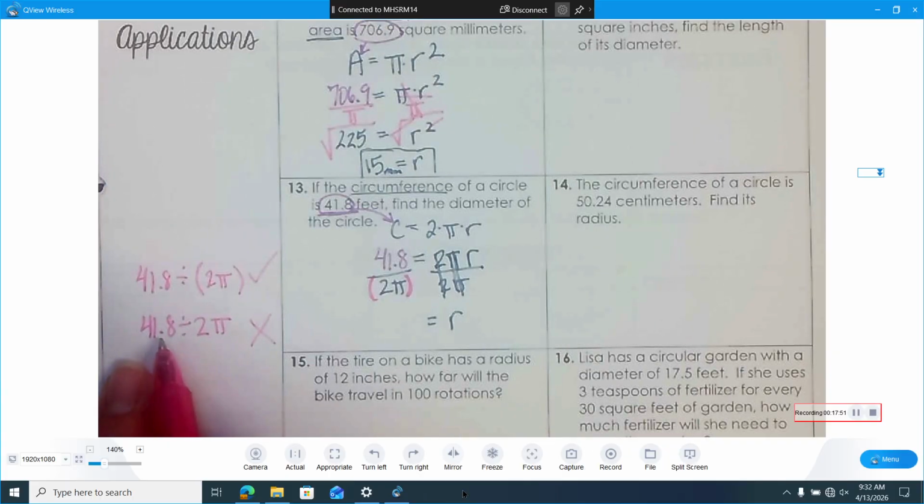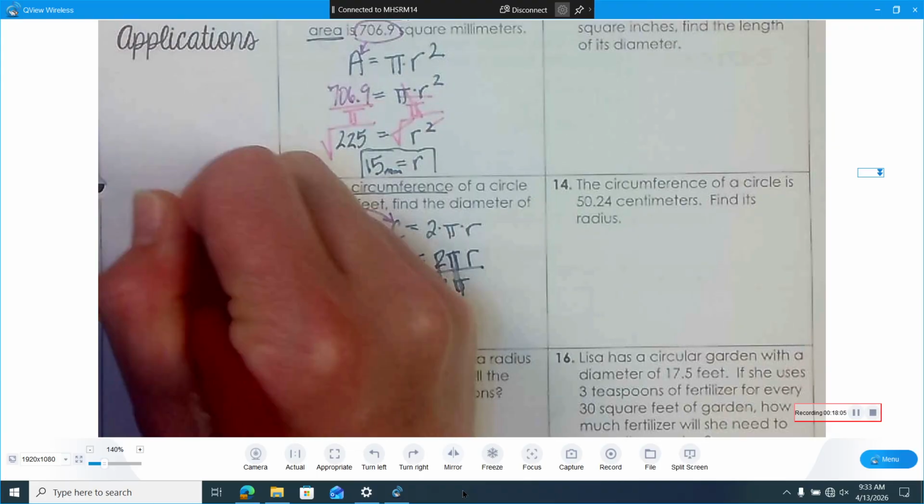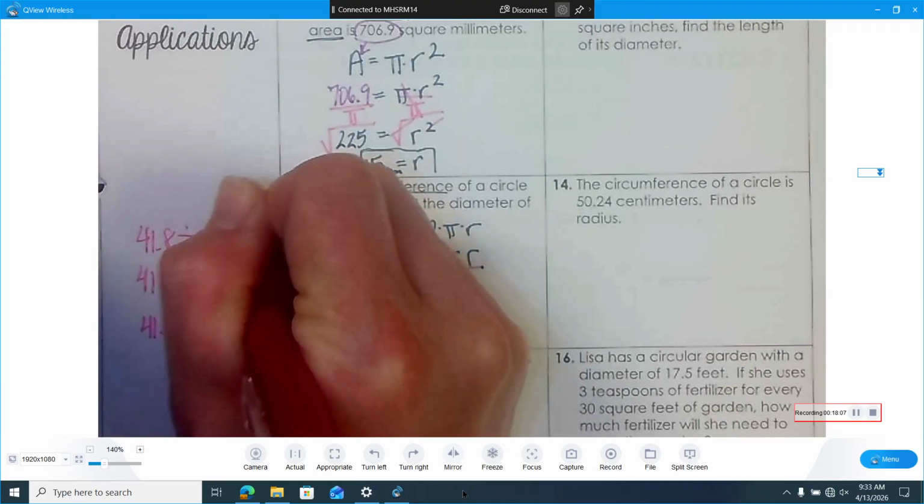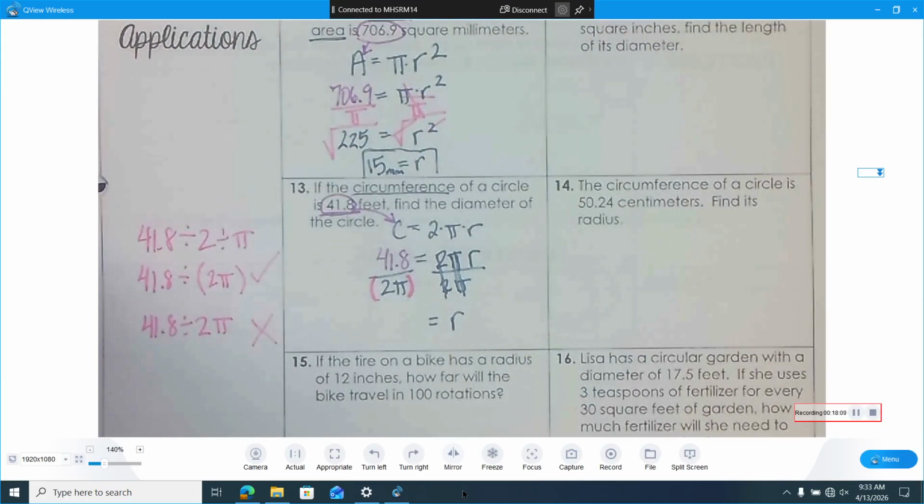It's going to take 41.8 divided by 2 and then times it by pi. But in reality here, we're dividing by the 2 and dividing by the pi. And so you could also do it this way: 41.8 divided by 2 divided by pi. You'll also get the same answer. Kind of interesting. Either of those work, but this one is wrong.